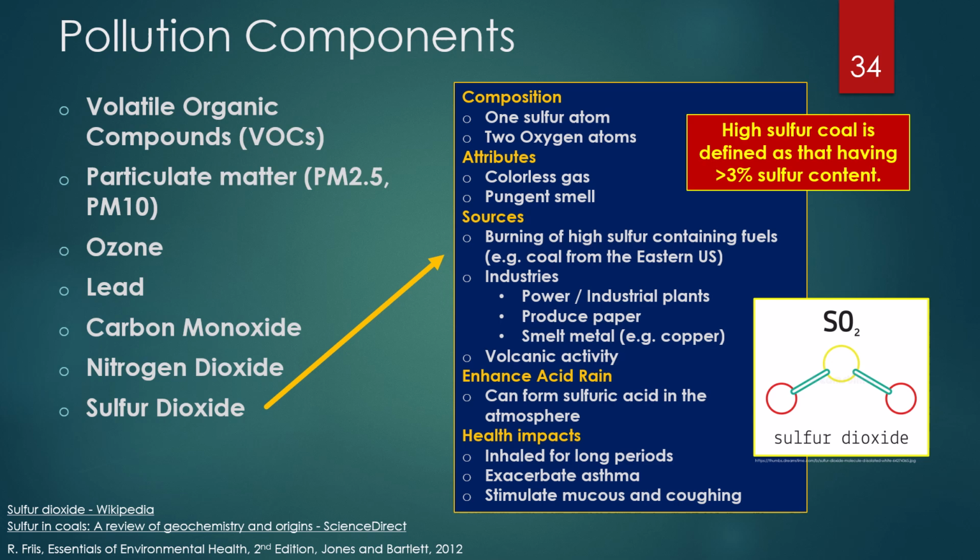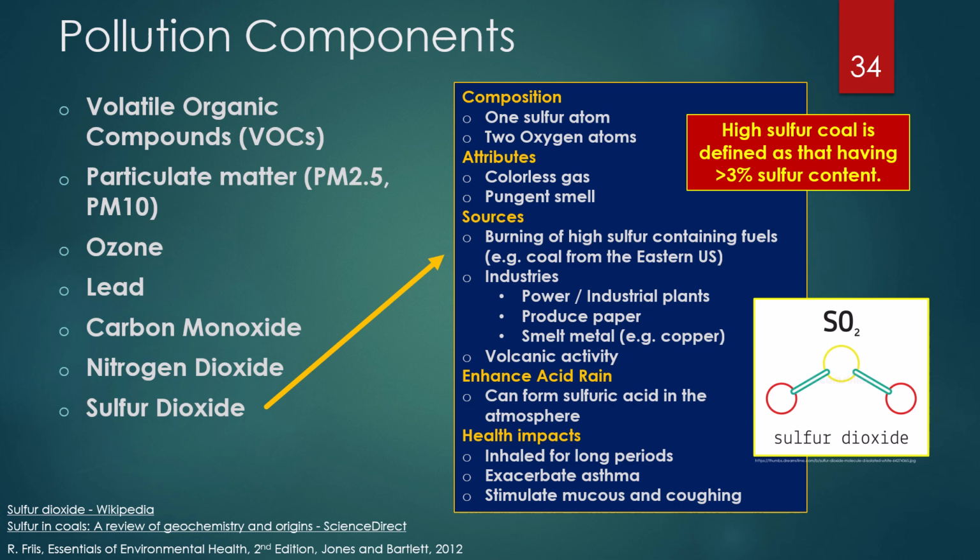Sulfur dioxide, SO2, is a colorless gas with a pungent smell that is produced when sulfur contaminants in fuel, like high sulfur containing coals, are burned. High sulfur coal is defined as that having greater than 3% sulfur content.